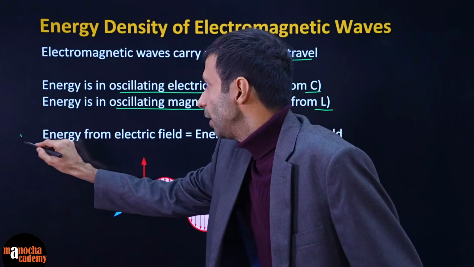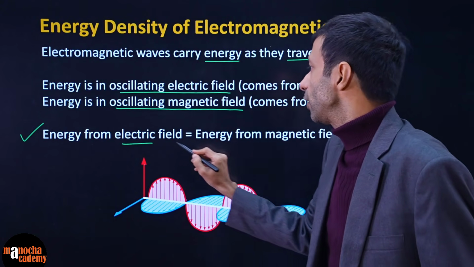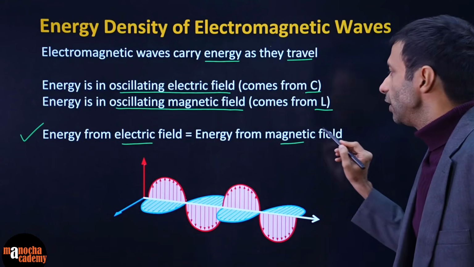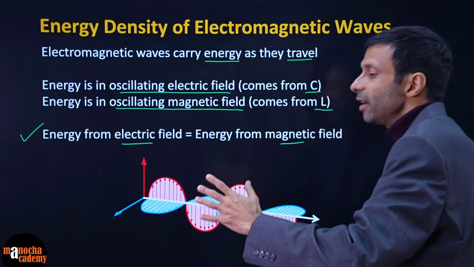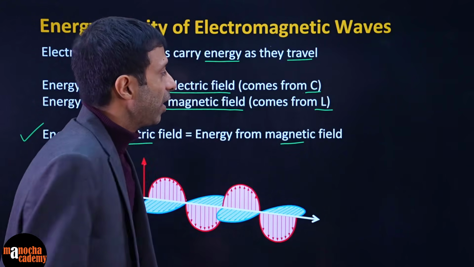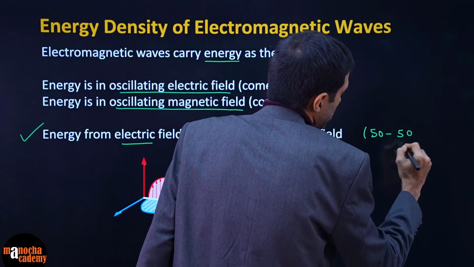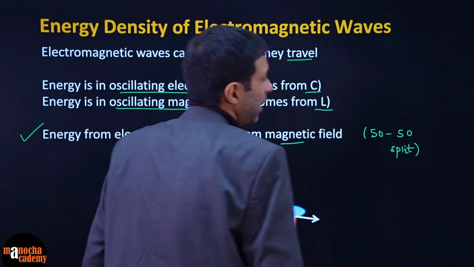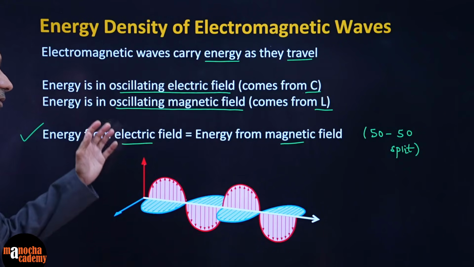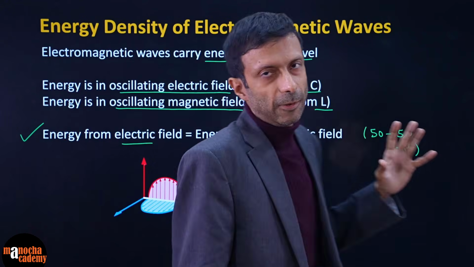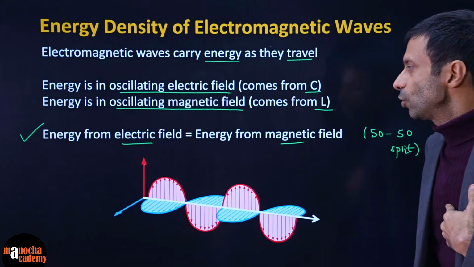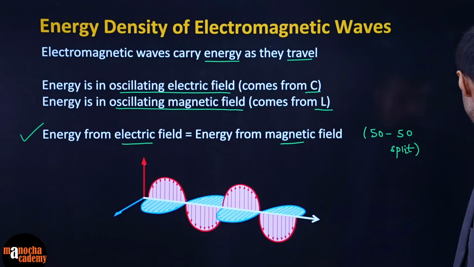This is a very, very important point: energy from the electric field is equal to the energy from the magnetic field. It is divided half-half, a 50-50 split. So you can remember 50-50 split here for the electric and magnetic field. This energy equals this energy. Is that clear? So energy is split exactly half-half.